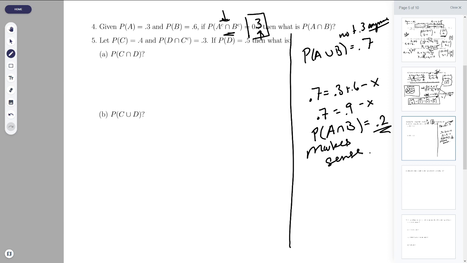So this problem is a little bit interesting, I guess. I think I was a little more careful when I made this, so hopefully it's right. We have the probability of C is 40%, the probability of D intersection C complement is 30%, and the probability of D is 50%. So let's look at how the Venn diagram works for this.